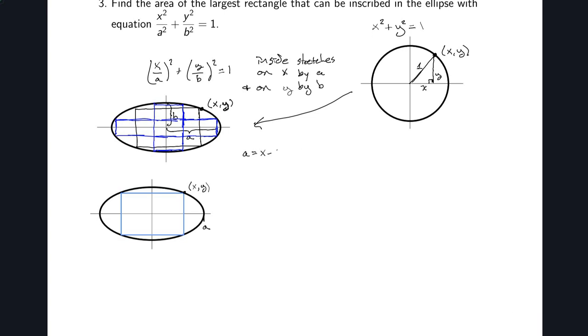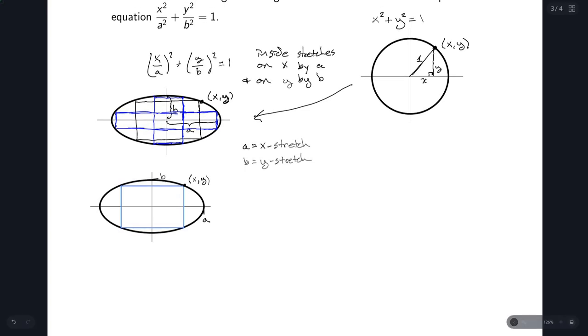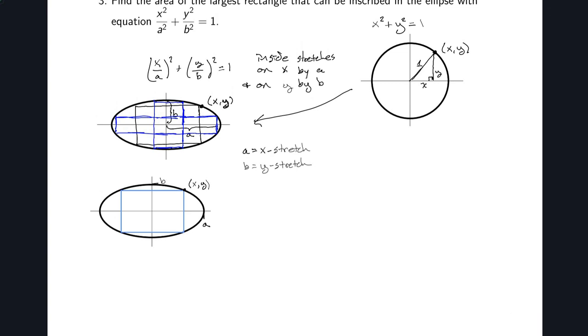That's fair. Radius really just works with circles, and I don't want to use unconventional terminology here. b is the y stretch. So this is b here. So what are we trying to maximize? We're trying to maximize the area of the rectangle.